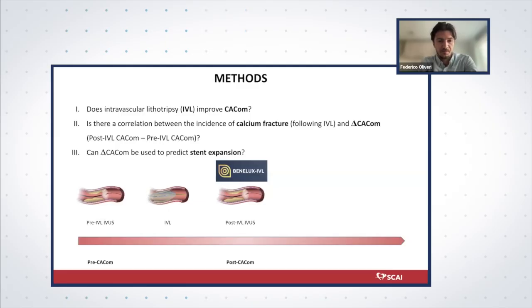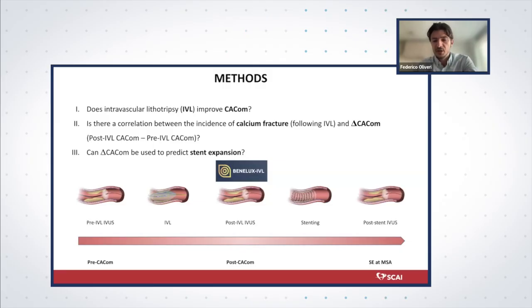So modification of coronary compliance was the difference between post and pre coronary artery compliance. Then lesions were stented; lesions treated with drug-eluting balloon were excluded from our study, and measurements regarding stent expansion and eccentricity and so on were assessed. But we focus on stent expansion at the minimal stent area.